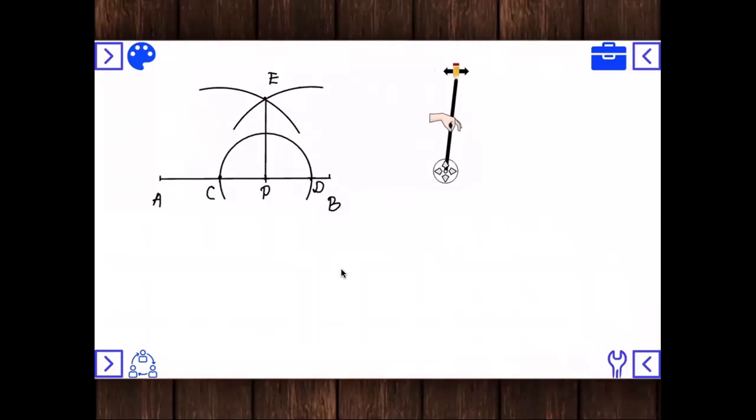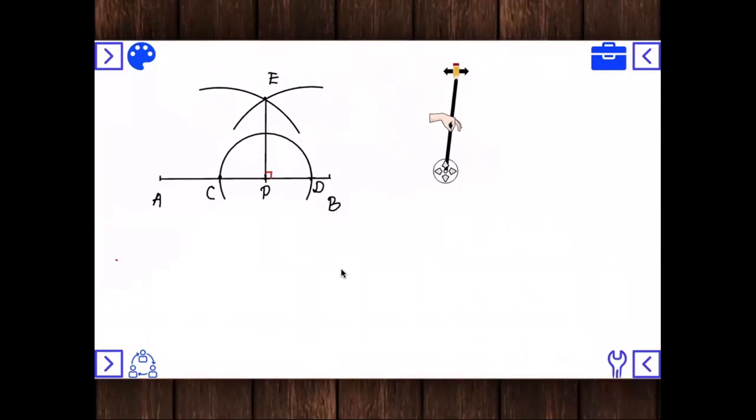And we're claiming that PE is perpendicular to AB. Like I said many times, following the steps is not difficult. Proving is difficult. Okay. But this one is not that difficult. It's very straightforward. So how to do that?